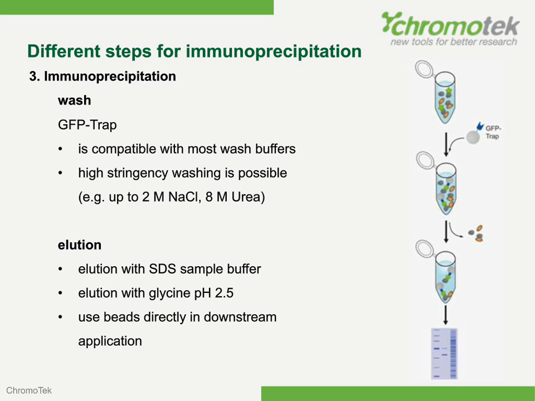Even during such harsh washing conditions, the GFP-trap will bind to GFP. Elution can be done, as we discussed before, with all the standard procedures. So you can elute with SDS sample buffer, or you can elute with glycine pH 2.5, or you can also use the beads directly in your downstream applications.